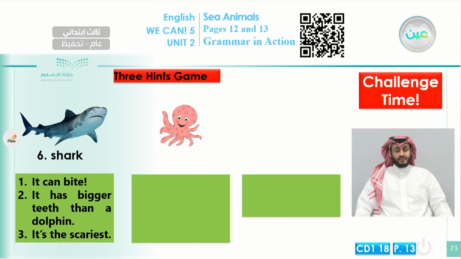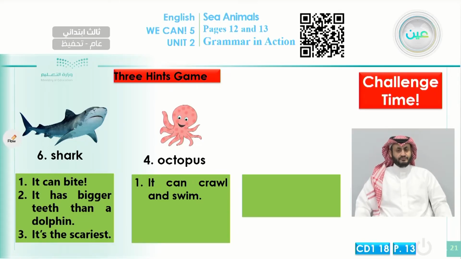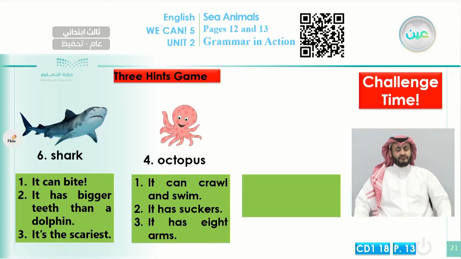Okay, and now we talk about the octopus. What is the information given to us? It can crawl and swim. That means walking on the surface and it can swim also. Number 2, it has suckers. As you can see here, it has suckers. And number 3, it has 8 arms.